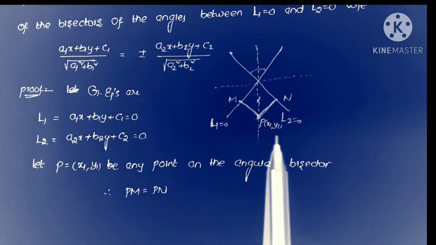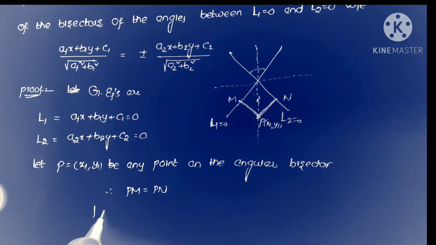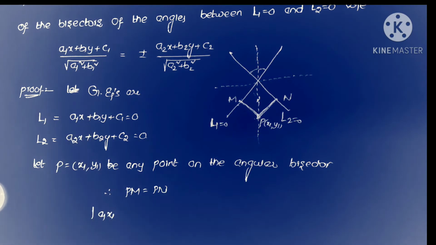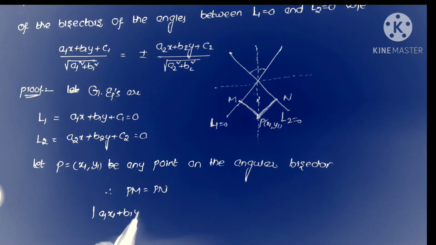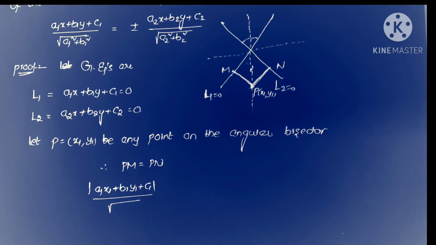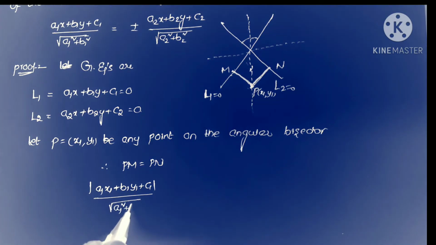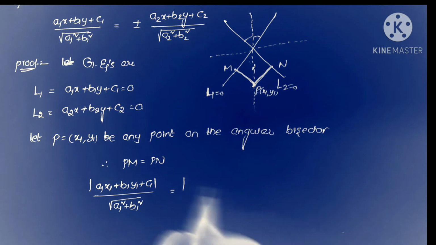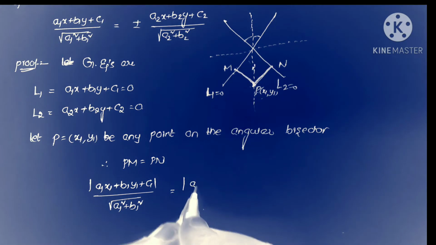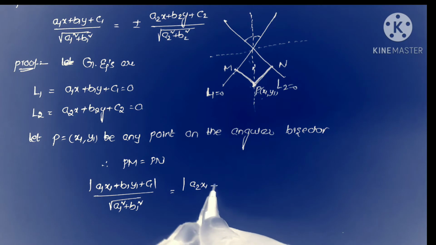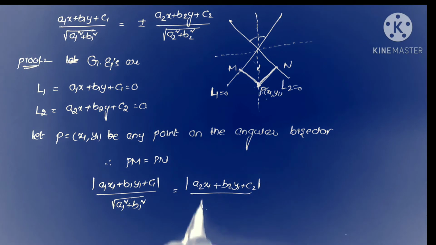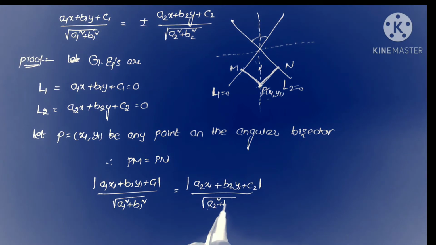Now what is PM? The perpendicular distance from P to the first line is modulus of a1x1 plus b1y1 plus c1 by square root of a1 square plus b1 square. Perpendicular distance means we substitute this point in the first line equation. This is equal to PN, the perpendicular distance from P to the second line, that is, substituting this point in the second equation, a2x1 plus b2y1 plus c2 by square root of a2 square plus b2 square.